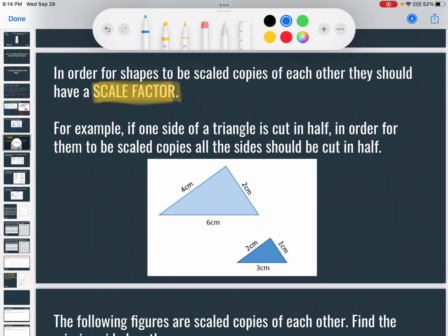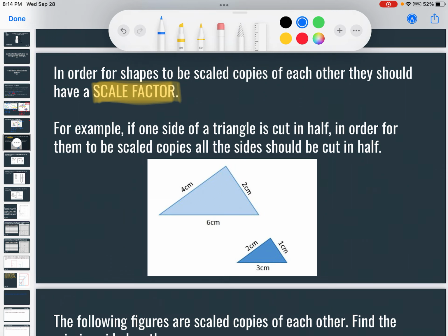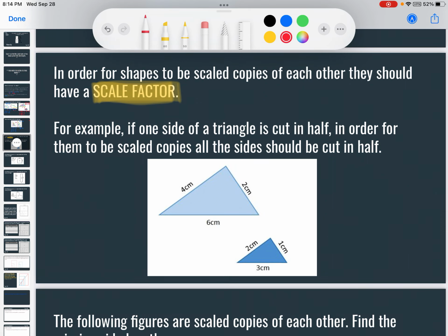All right. So, for example, if one side of a triangle is cut in half, in order for them to be scaled copies, all sides should be cut in half, okay? Because to get from 4 to 2, we divided by 2. 2 divided by 2 is 1, and 6 divided by 2 is 3.